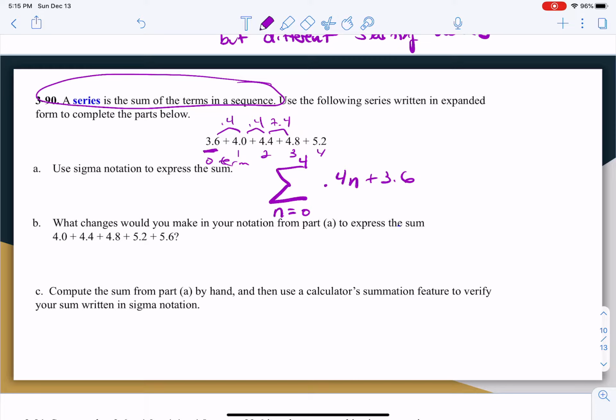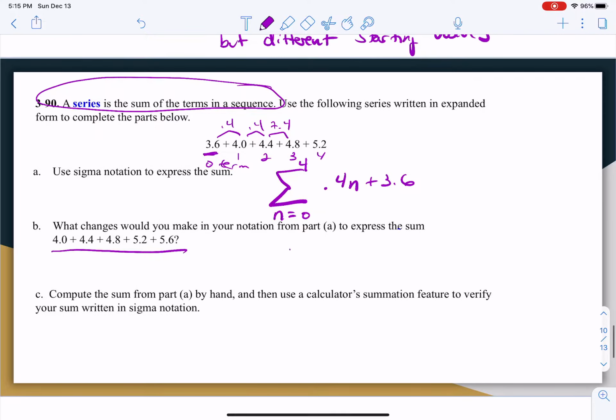So what changes would I make if I wanted to sum up this using the exact same argument? I could still say my 0 term is 3.6, but now I want to start counting at 1 and go to 5.